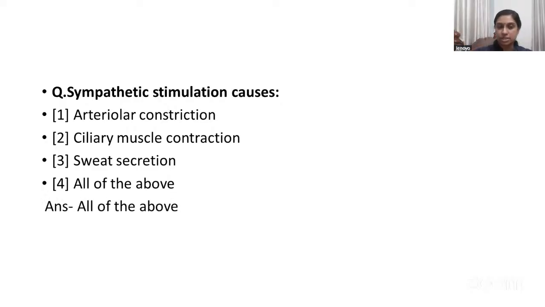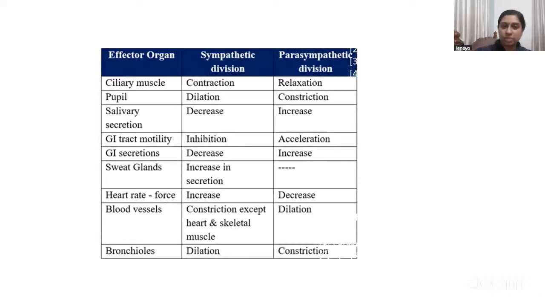These are all functions of the sympathetic nervous system, or sympathetic stimulation causes all these functions. So what are the basic functions of the sympathetic division? The ANS is classified into sympathetic and parasympathetic divisions. Just remember this: normally, in a relaxed or no-stimuli or idle state, only the parasympathetic system is firing.